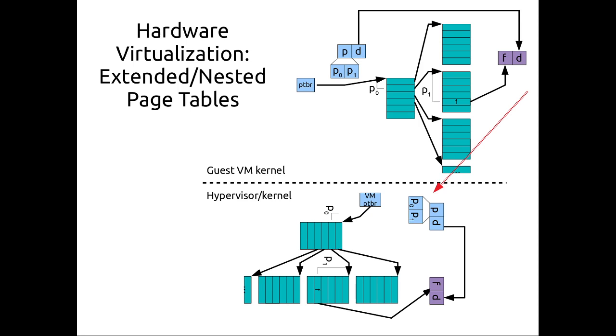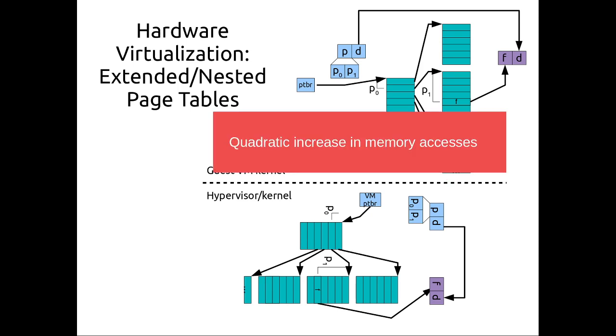So in total, this causes a quadratic increase in the number of memory accesses within the system for each TLB miss. So you start to see TLBs are not just a nice thing, they are an essential thing, because this many page table accesses is a huge number, and it's hugely expensive.